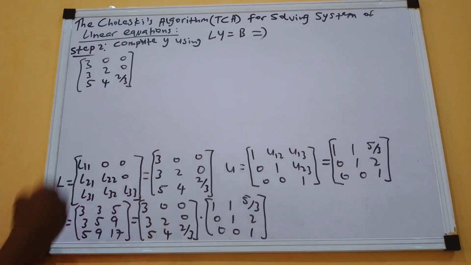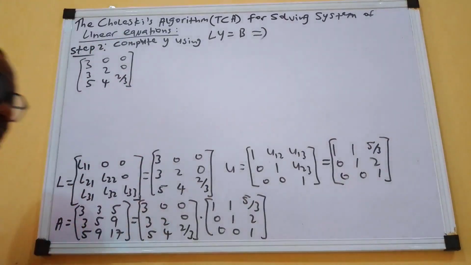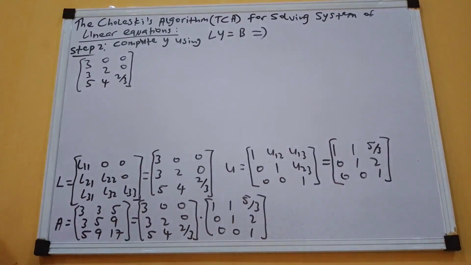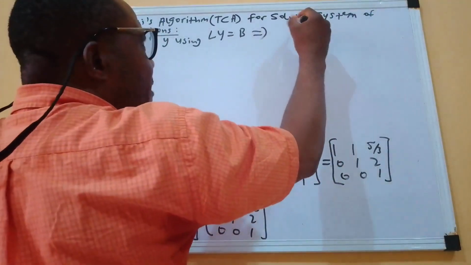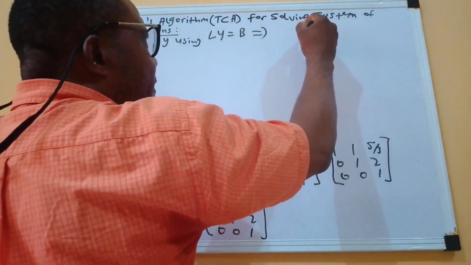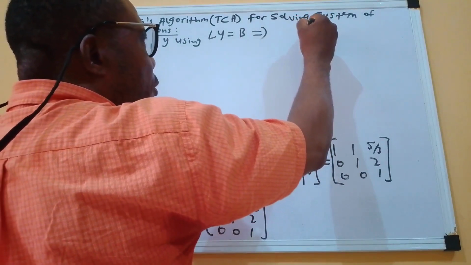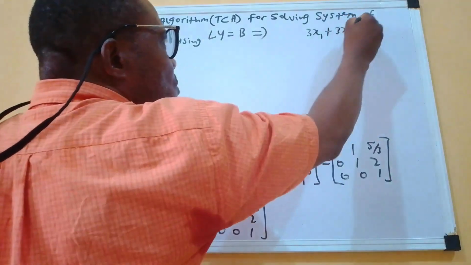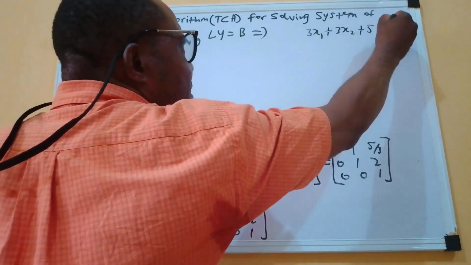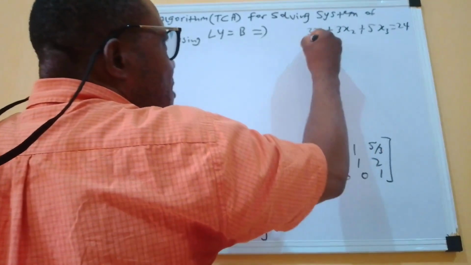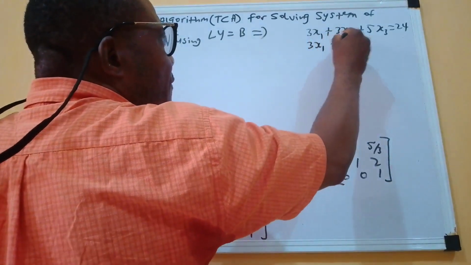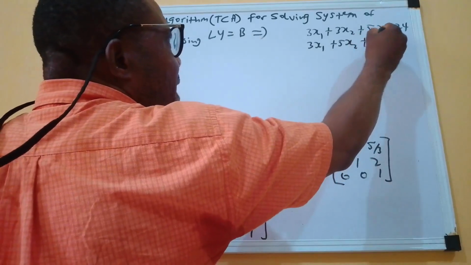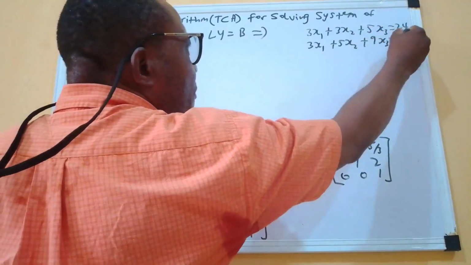Then our Y, because the system we are solving is a 3 by 3 system. Remember, let me write the 3 by 3 system here again so that you can have the flip of the problem we are solving. It is 3x1 plus 3x2 plus 5x3 is equal to 24. 3x1 plus 5x2 plus 9x3 is equal to 40.